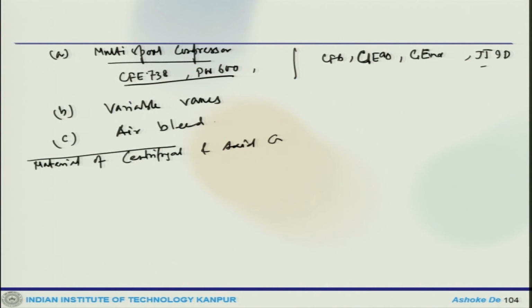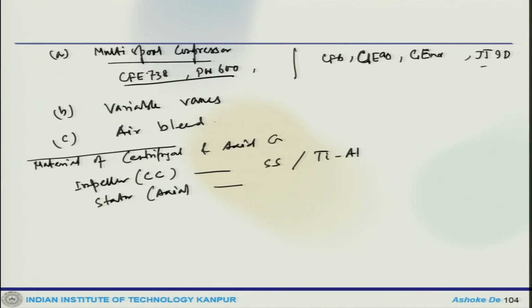These are very important to know, as one can have different components. One is the impeller for centrifugal compressors, which is made of stainless steel. Now, the stator vane, this is for the axial compressor. This could be titanium alloy, or aluminum, titanium based alloy.